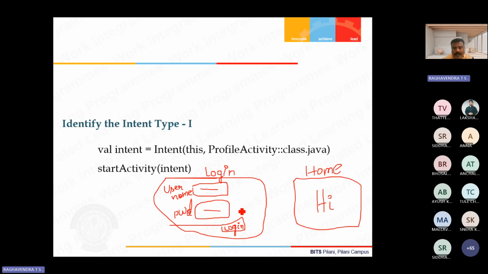Now, when you successfully enter the username and the password properly, and then you say login, this will be authenticated. When it is authenticated, it will open the home screen, right? So this is the explicit intent.